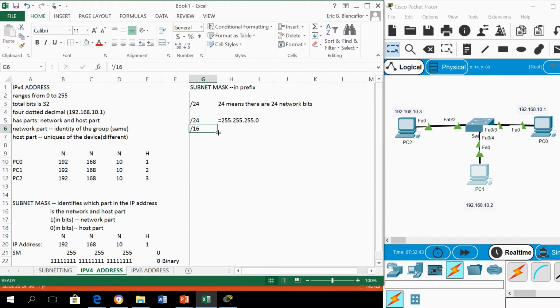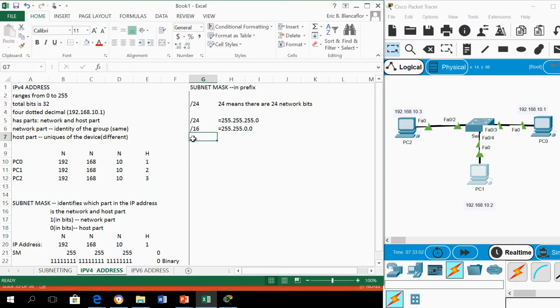So, if you have /16, again, 16 ones, right? So you only have 16 ones. 8 and then 16. So in four dotted decimal, that is equal to 255.255.0.0. Okay?